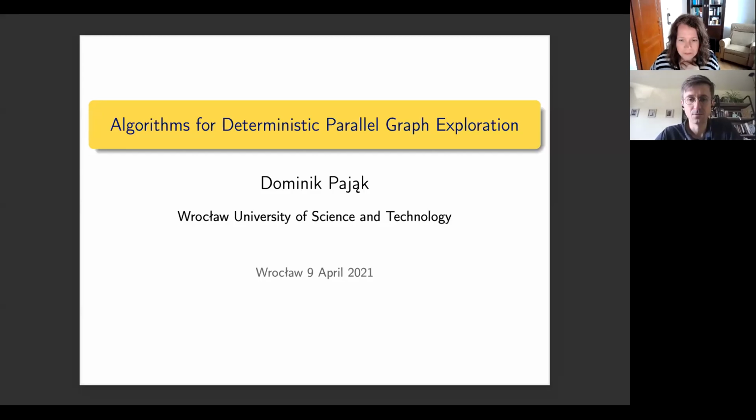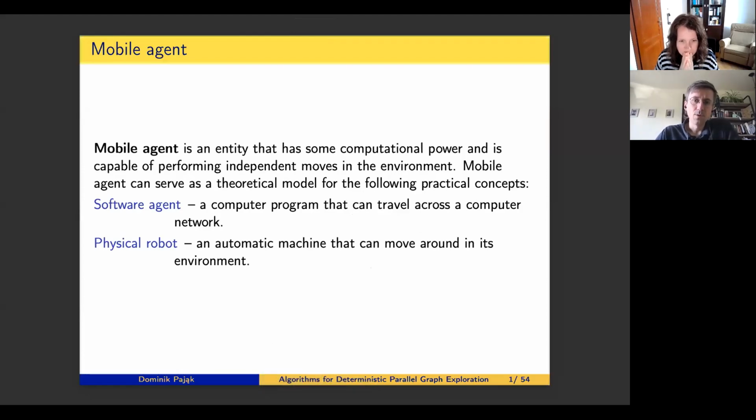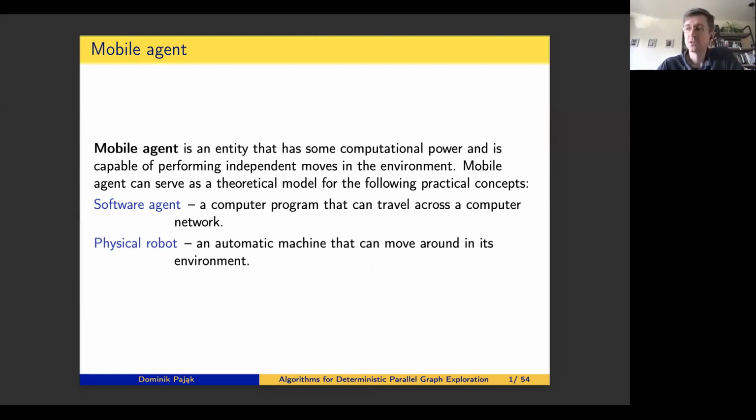perspective of theoretical computer science. And so we will explore the graphs using mobile agents. So a mobile agent in our language is like some entity that has some computational power. It has, let's say, a processor, and it can perform some moves inside this environment in which it's deployed.